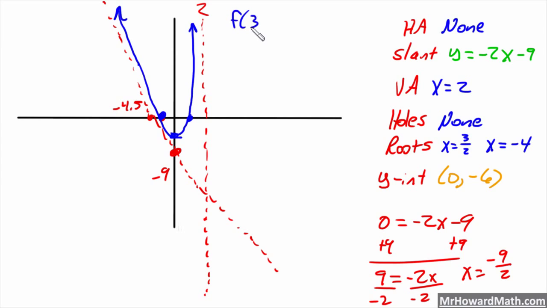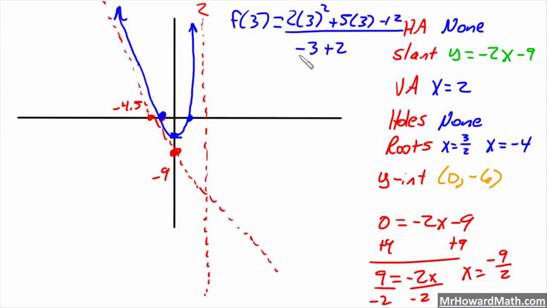So f of 3 is equal to, going by the original function, 2 times 3 squared plus 5 times 3 minus 12, all over negative 3 plus 2. So just plugging a 3 into the original function.